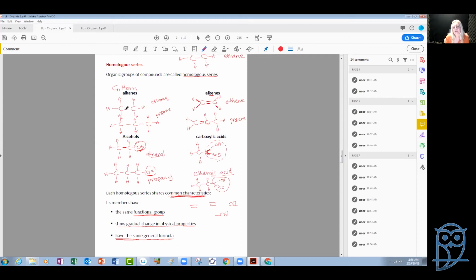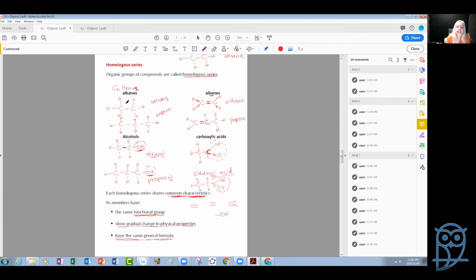Here in the case of ethane, we have 2 carbons, so N is 2. Then the hydrogens are 2 times 2 plus 1. Sorry, not plus 1, goodness, plus 2. So altogether, we have 6 hydrogens.